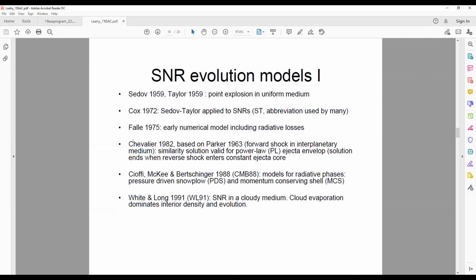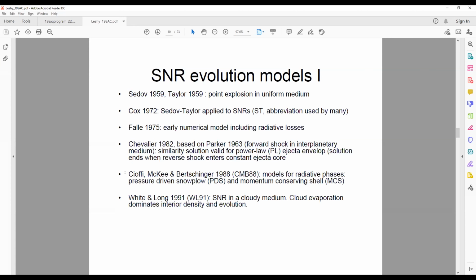And for most supernova remnants, they're young enough that the ejecta is important. So I will argue later that not including the ejecta by using a Sedov-Taylor model gives you quite a bad approximation of the properties of a supernova remnant.